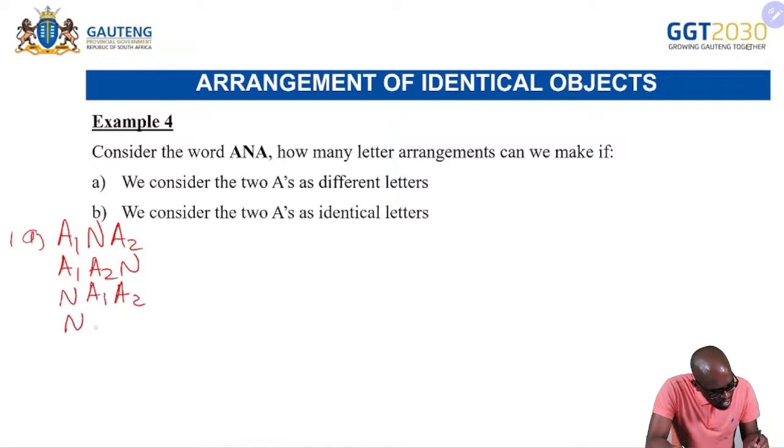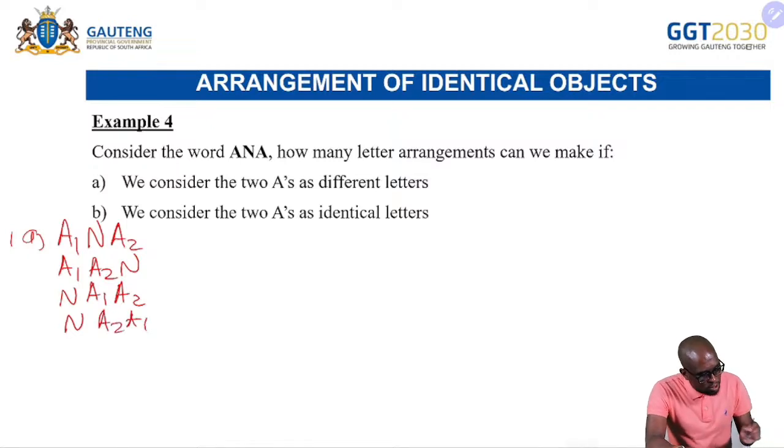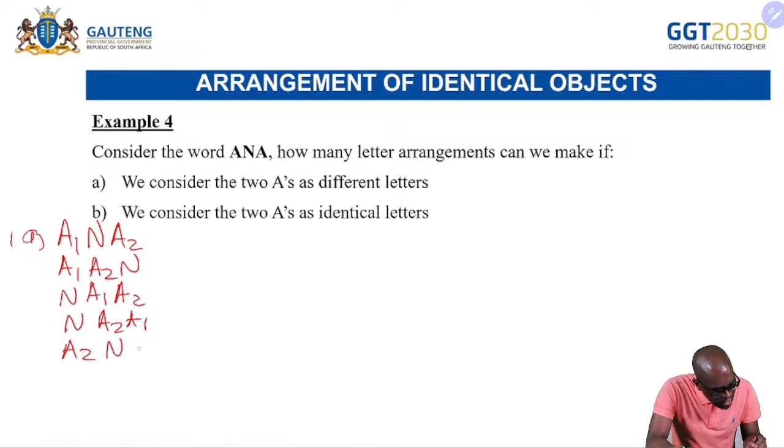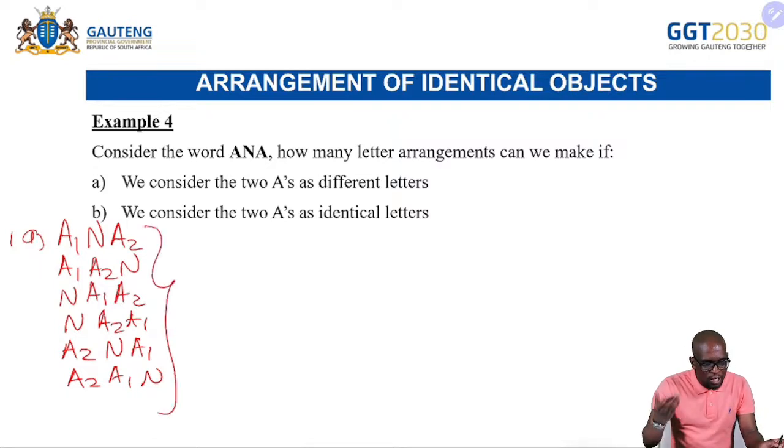Or we start with N and have A2 and A1. Or we can start with A2 and then have N, A1, or A2, A1 and N. So these are the different possibilities that we can have here. You see that we can arrange this in 1, 2, 3, 4, 5, 6 ways.